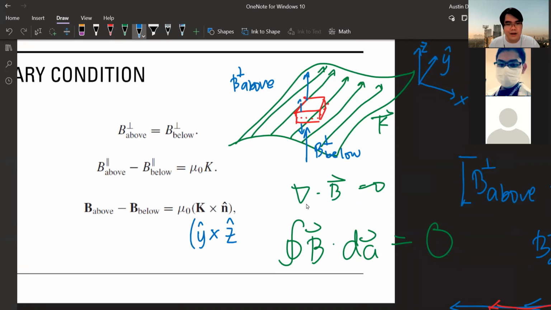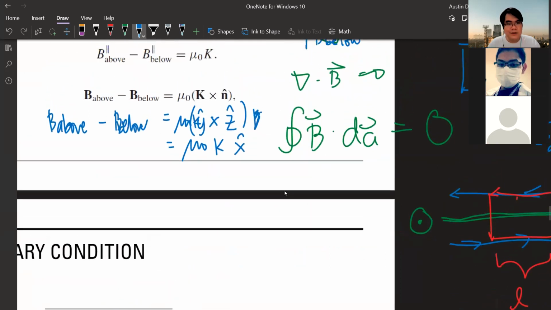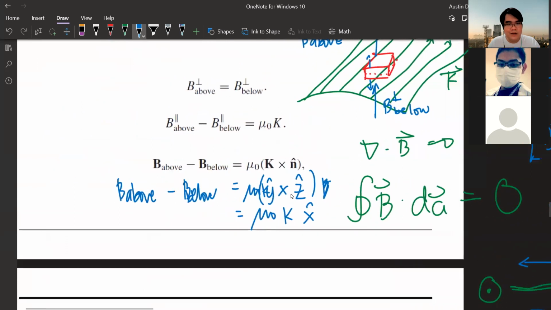Okay, try lang natin. Yung B above, B below. Y cross z. What's that? Mu naught. May K ka pa dito. K, y. Okay. Mu naught K x. Okay? So what does that give me?